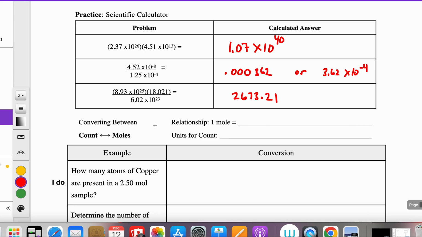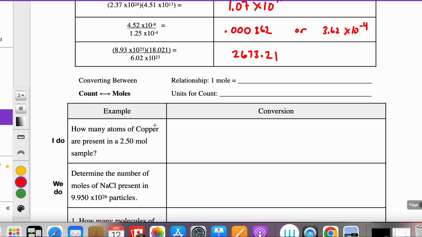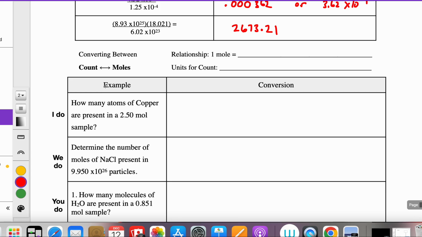So here we go. We use these really large numbers when we are counting particles. The relationship: 1 mole of any substance will contain 6.02 times 10 to the 23 particles. Now, the count can be recorded with a variety of units.